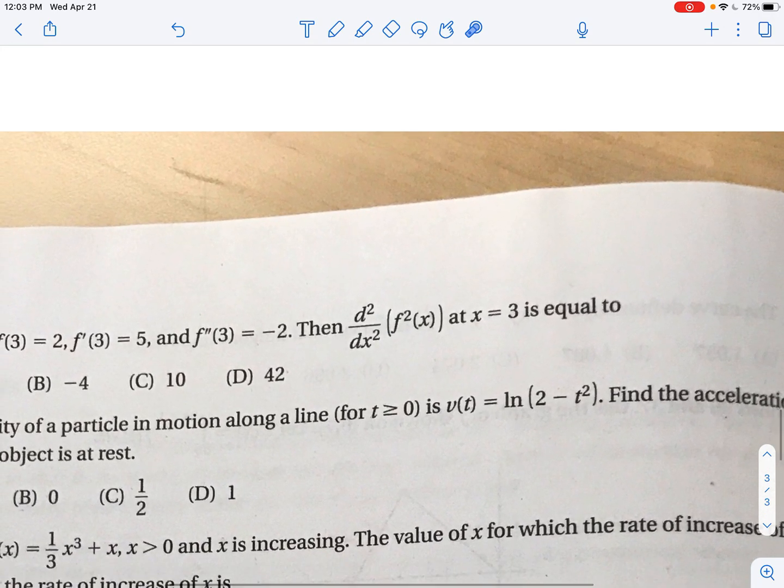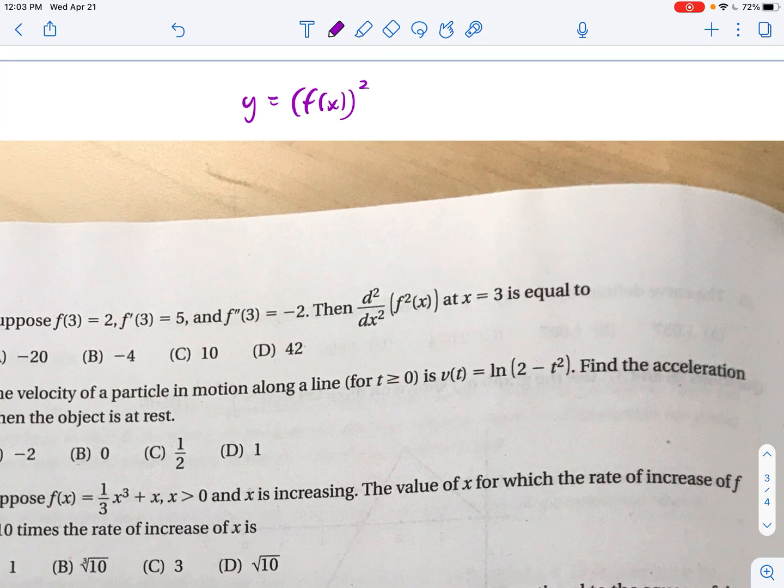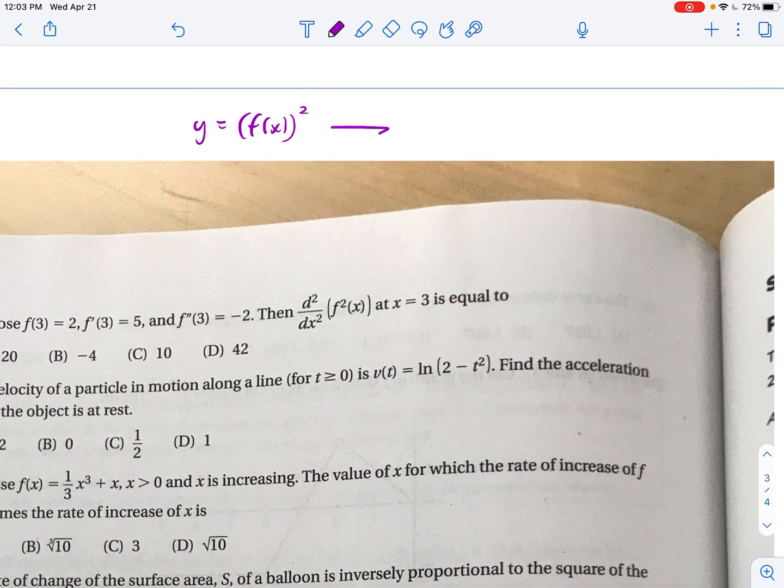So what have we got here? So basically I have y is f of x squared. So if I take the first derivative of that, by the chain rule, that's 2 times f of x times f prime of x.